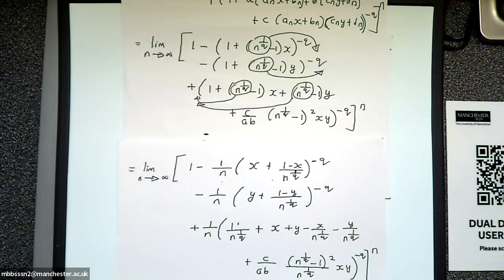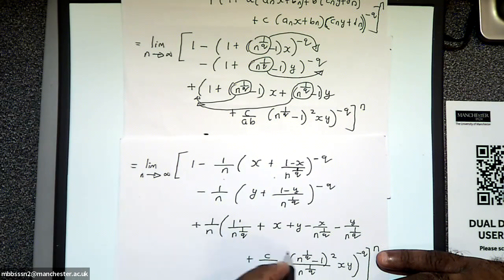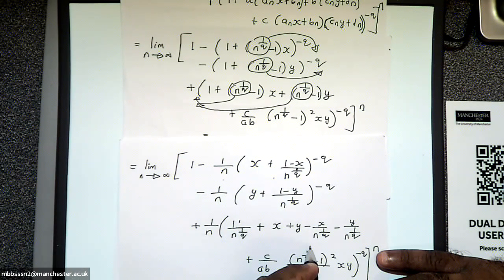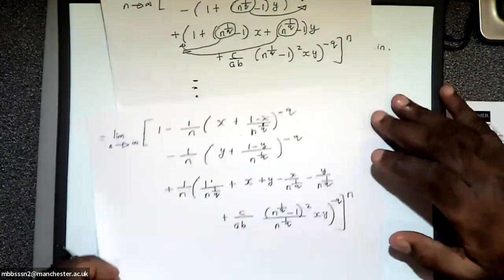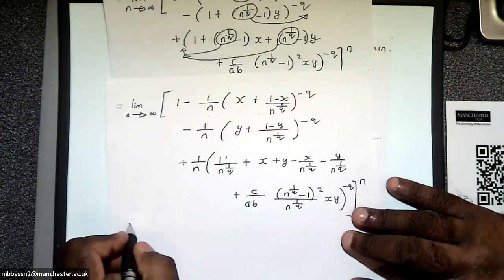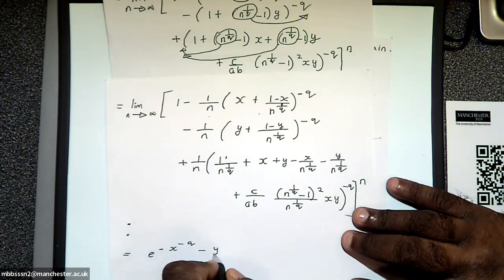Okay, let me check again. Yeah, I think this is correct. So you should do the working out for this. This will be equal to the g of x comma y.